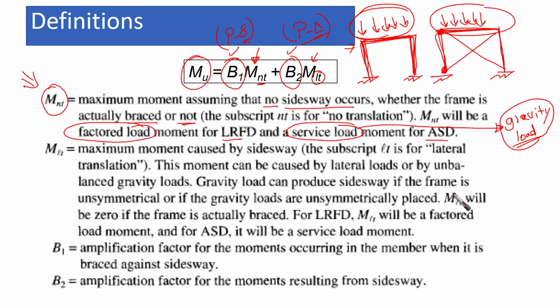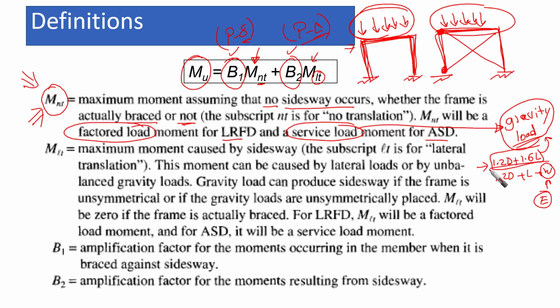So for example, if you are designing a cross-section or structure, and you have two different cases, one related to 1.2 dead plus 1.6 live, for example, and the other case related to, for example, 1.2 dead plus something live plus wind, or earthquake. Then we are going to look at the first load combination and say that all the loads here are gravity load, vertical load. Then the moment that is going to be developed here, we call it MNT.